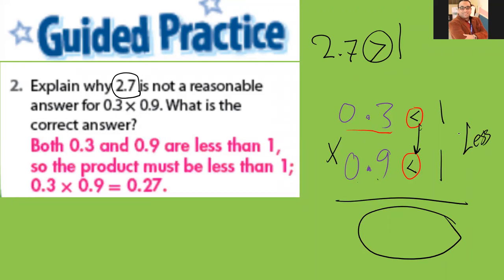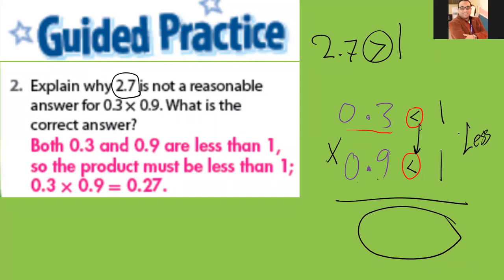It is not correct. When we multiply two factors less than 1, the product must be less than 1. Both 0.3 and 0.9 are less than 1, so the product must be less than 1. 0.3 multiply 0.9 equals 0.27.